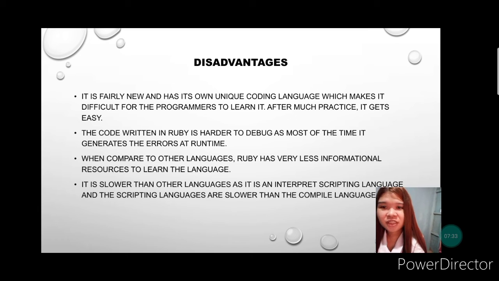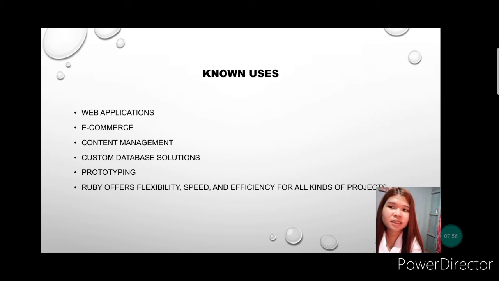Scripting languages are slower than compiled languages. As I said earlier, Ruby is a scripting language just like JavaScript and PHP. Compiled languages are, for example, C, C++ and Java.